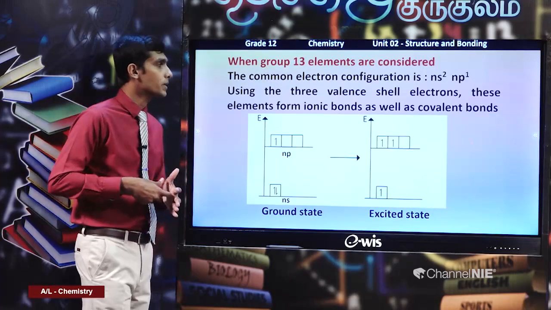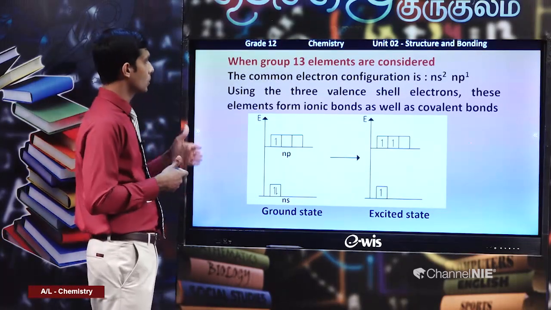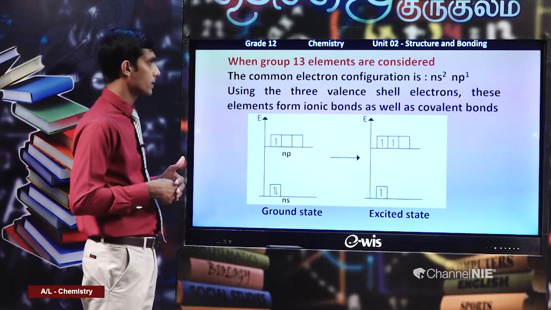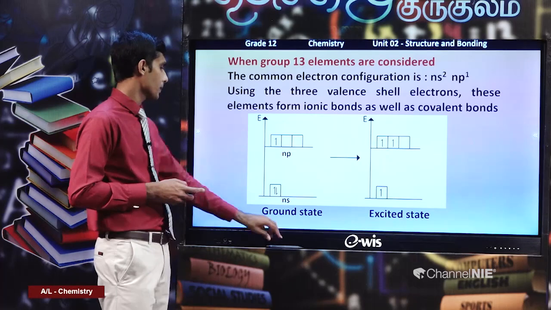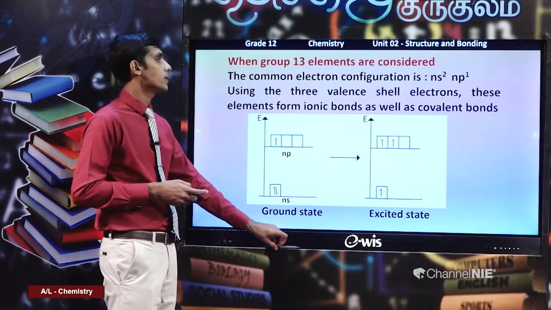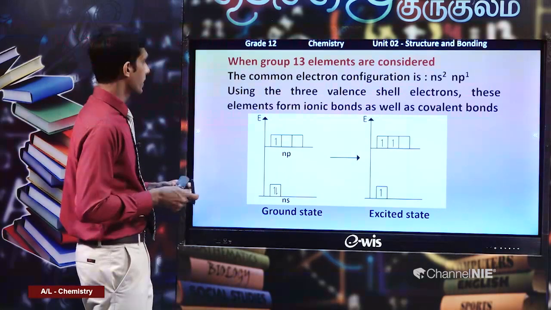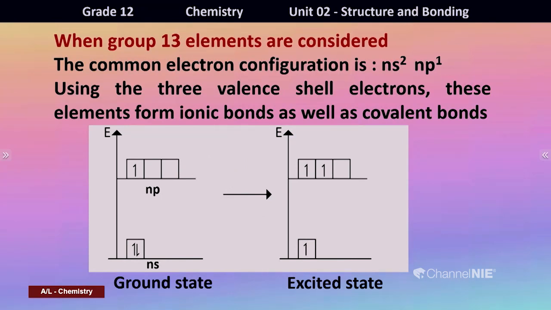When it comes to group 13 elements, or simply group 3A elements, the outer electron configuration is ns2np1. When you consider the valence shell, the orbital diagram can be represented like this in the ground state, ns2np1.